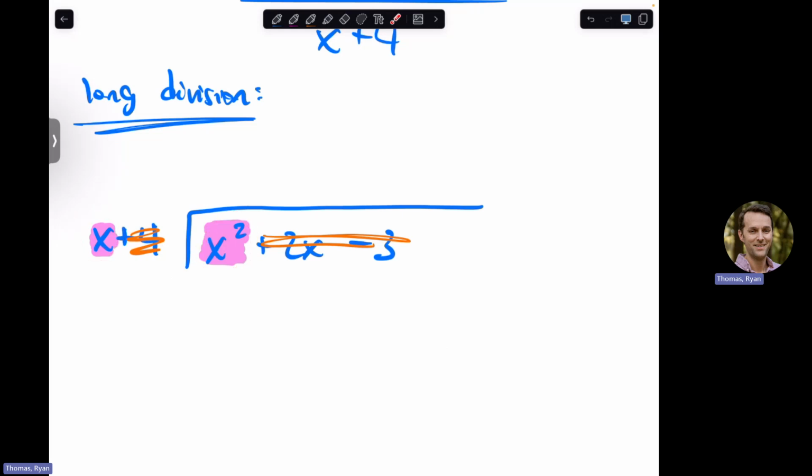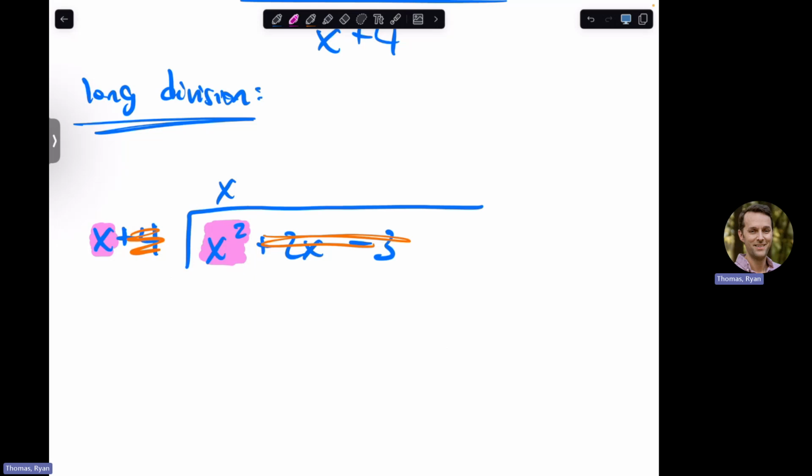Because x squared is x times x. So if you're dividing that by x, what you get back is just x. You've got to match the power and the coefficient, right? So the idea is, what would this need to be so that when I multiply by this, I get exactly this back? Okay, so x times x is x squared.